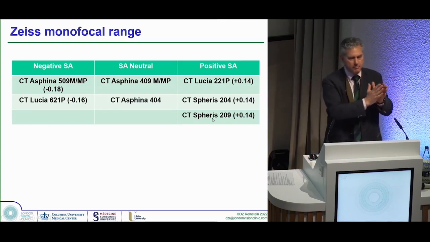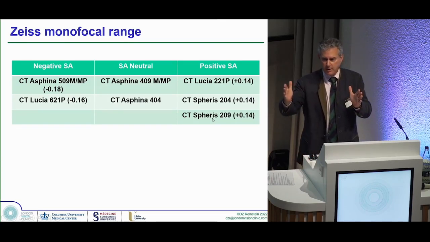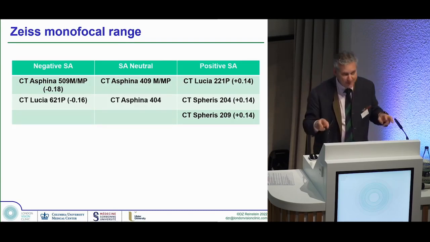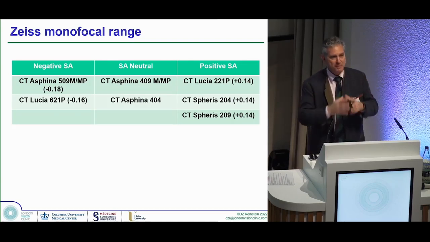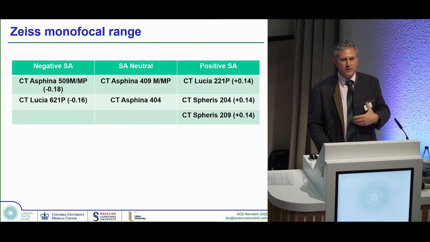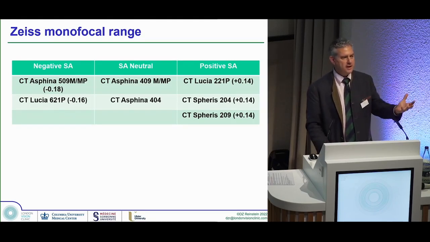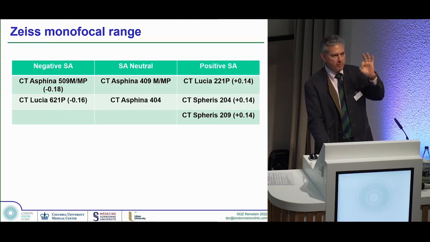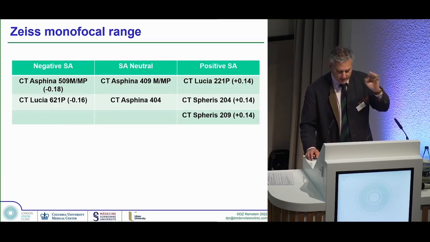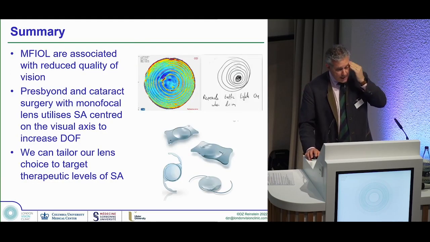The higher the power of the lens you're going to put in, the more spherical aberration it induces because it's spherical. If you were treating a high hyperope, a plus 30 eye, you're putting a marble in the eye. It's totally round, right? It's a lot of spherical aberration. Probably too much.